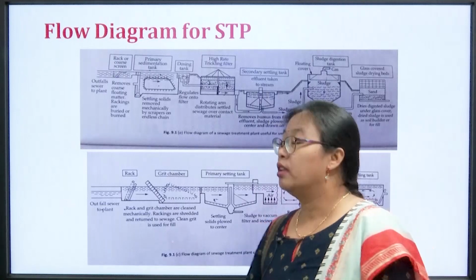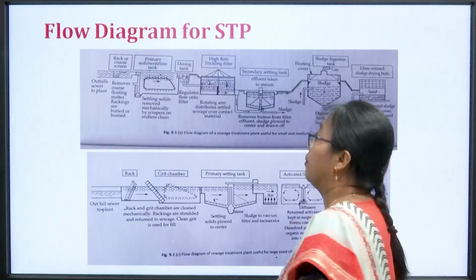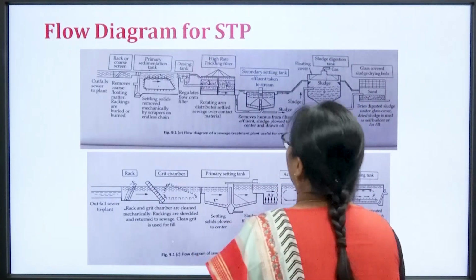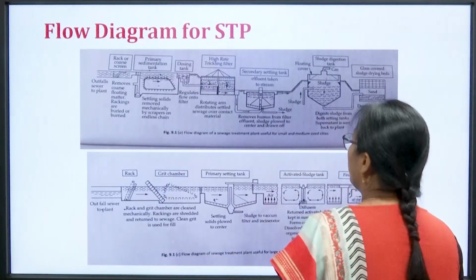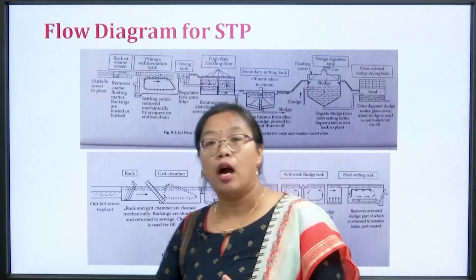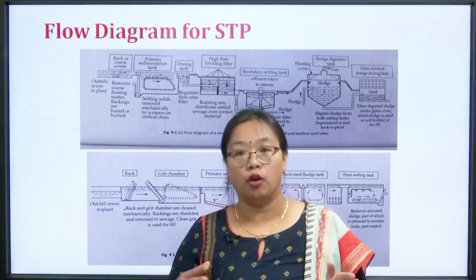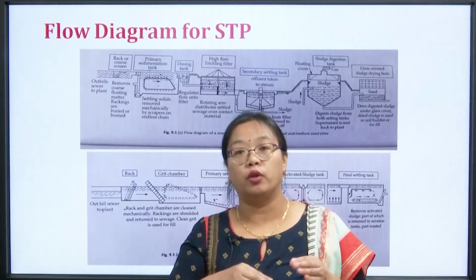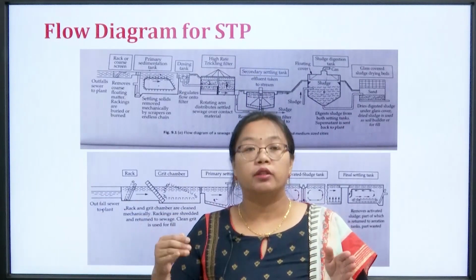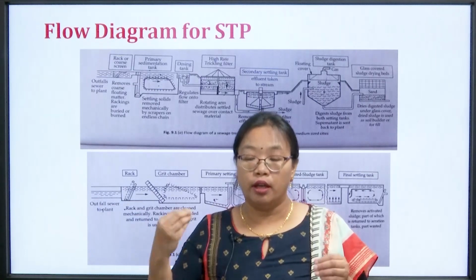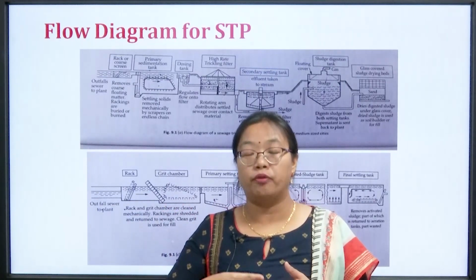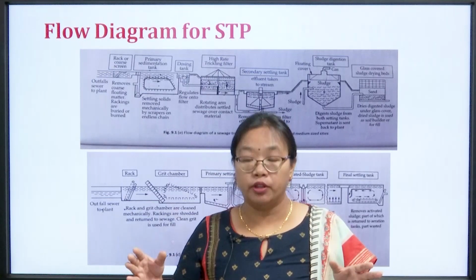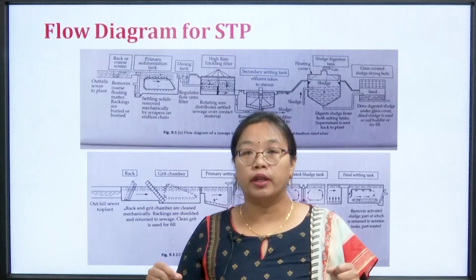Now, this is a flow sheet for some examples of an STP, or a sewage treatment plant, or a wastewater treatment plant. So, there is no hard and fast rule that you have to follow a particular order, like this will come after that. That will depend on the condition of the influent, your temperature, and the working conditions.